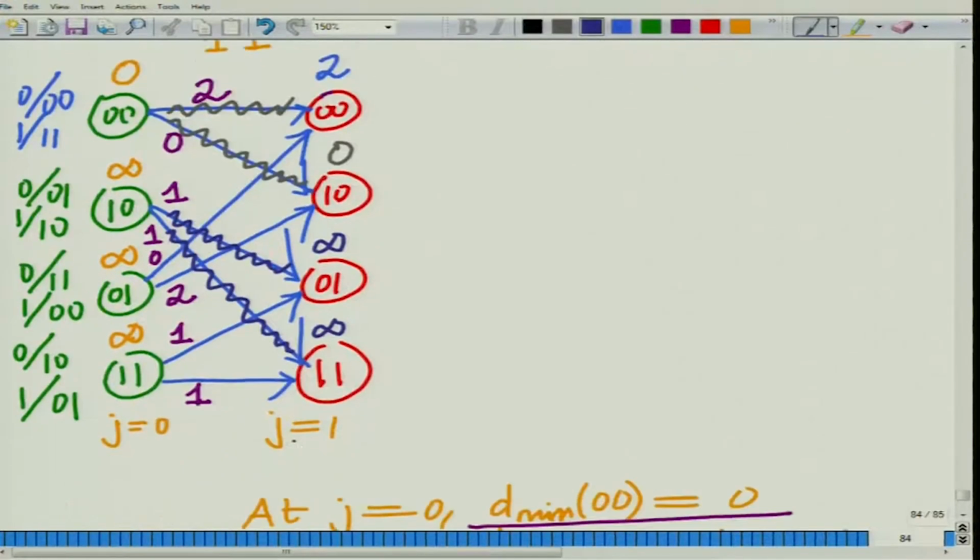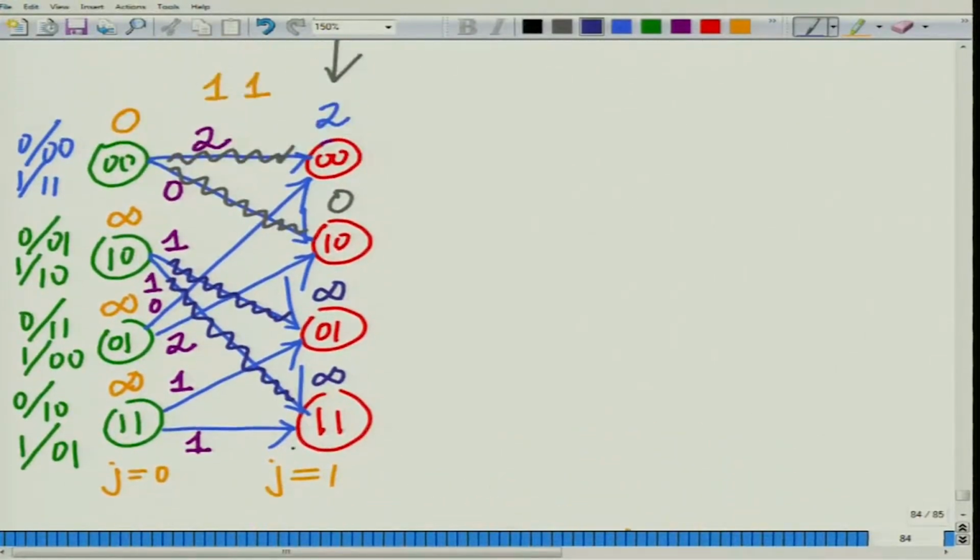When we find the minimum distance path, that is the path through this trellis which corresponds to the minimum Hamming distance with respect to the received word, I am going to need these minimum distances and the corresponding path. Okay, and now we can repeat this at every subsequent time instant.